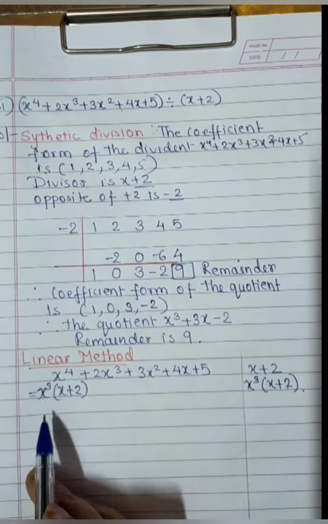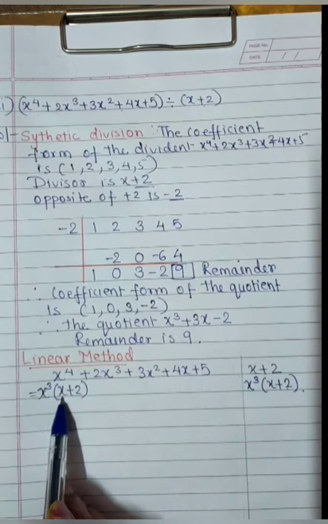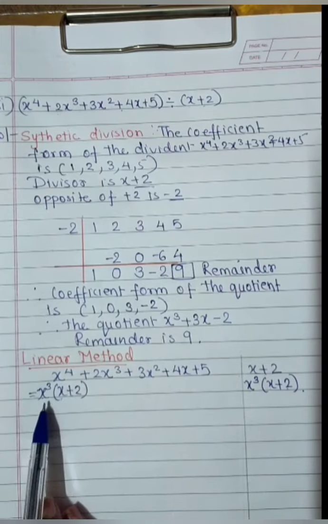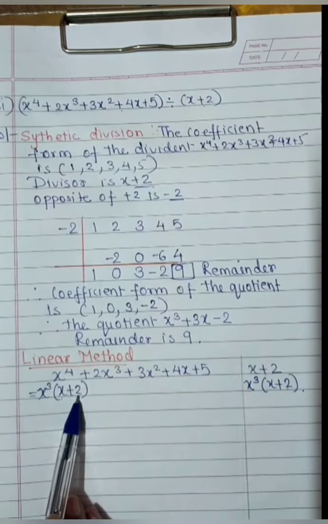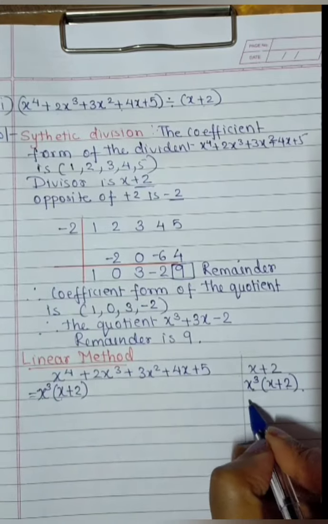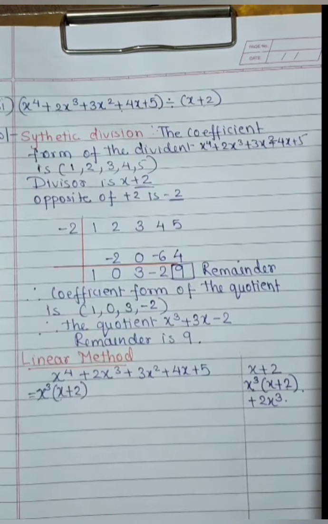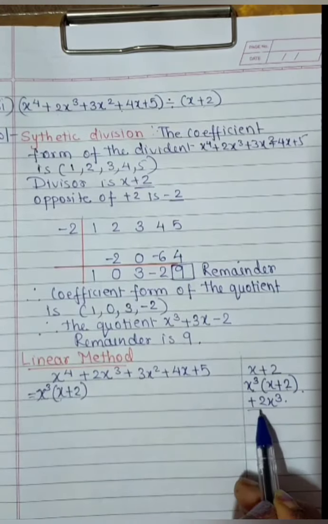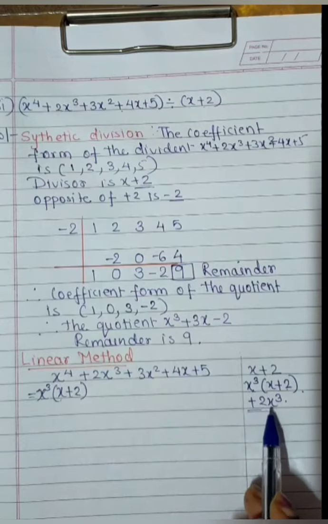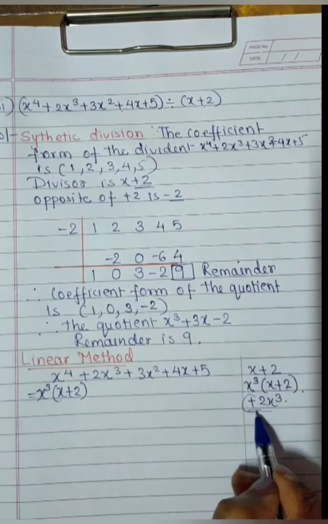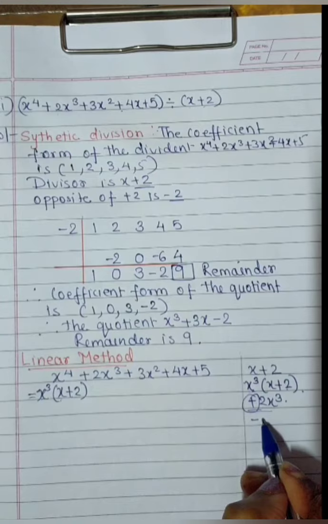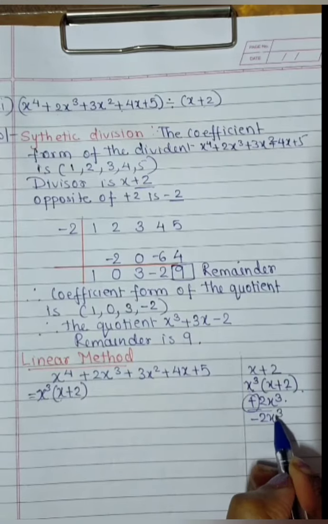When we multiply both, we will get x to the 4, but when we multiply the other terms, we'll get plus 2x cube. So here we will change the sign, so we'll get minus 2x cube.